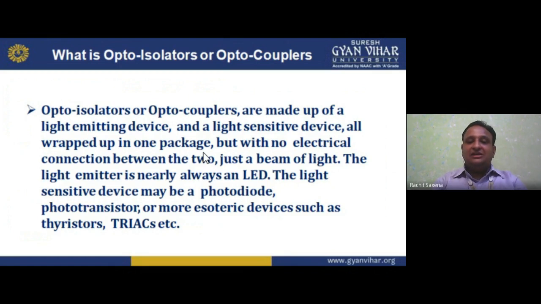The light emitter is nearly always an LED, obviously a light emitting diode. The light sensitive device may be a photodiode, phototransistor, or more esoteric devices such as a thyristor or triac, etc. So we can use a thyristor and a triac in this.